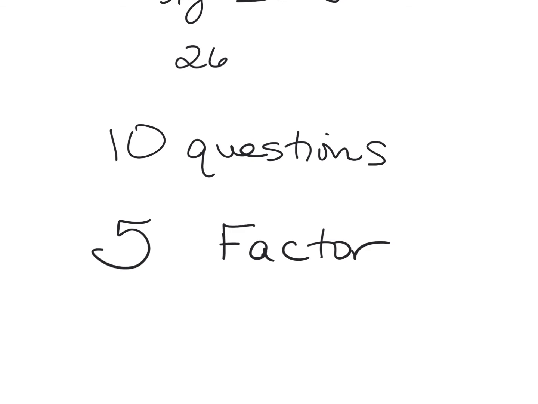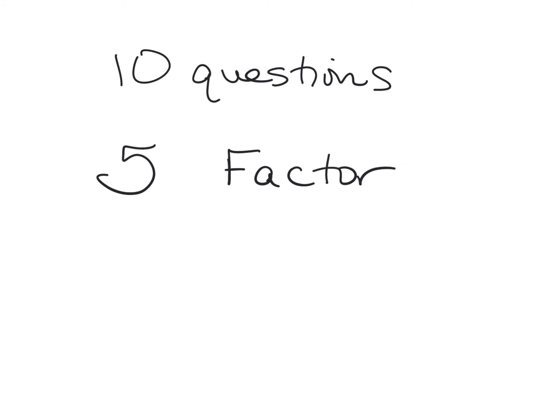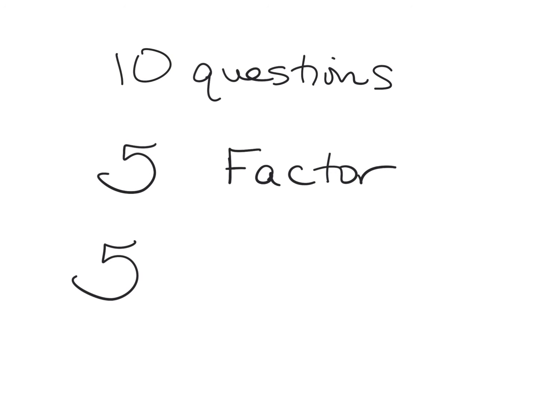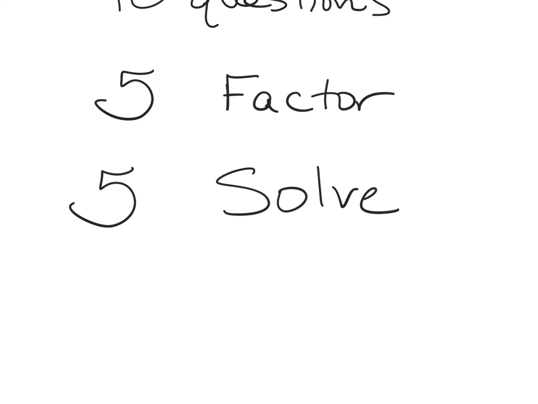Turn it into the 2 binomials that it will be in factored form. Then the last 5 questions will say solve. Of those 5 questions that say solve, 1 will have specific instructions. It will say, use the quadratic formula.